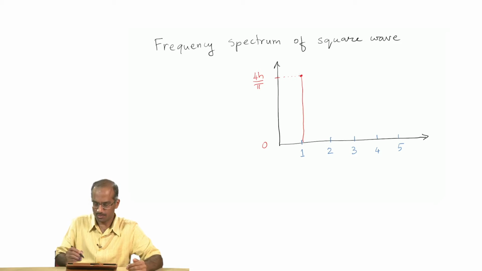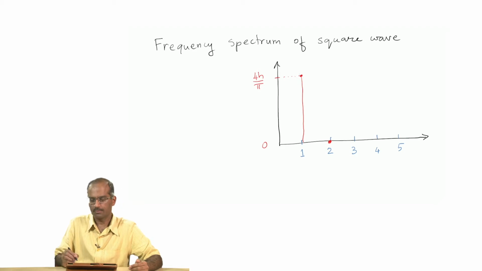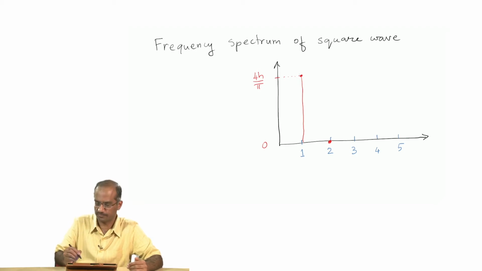When m is equal to 1, you can see that I have drawn a line all the way up to 4h by pi on the y axis. For the case of 2, it is of course 0, but for the case of 3 it is 4h by 3 pi. So, it should be 1/3 of this height. So, let us say roughly it is somewhere here.